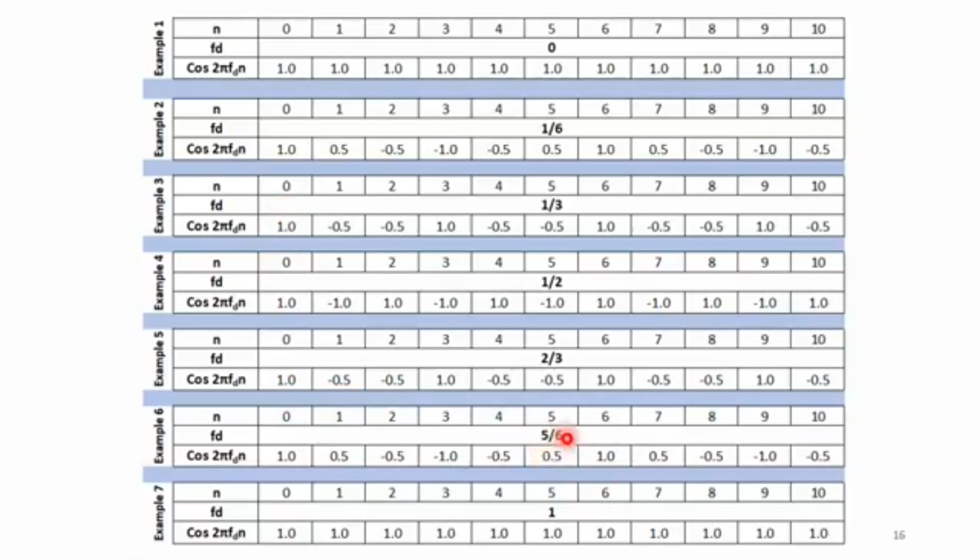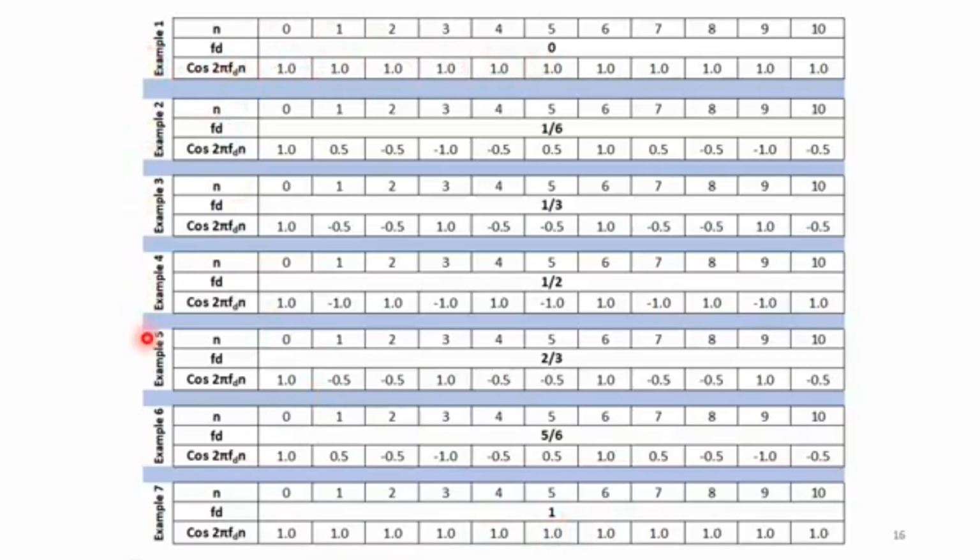And similarly, if you look at 5 by 6, 1, 0.5, minus 0.5, these values are the same as when FD was 1 over 6. So when we are moving ahead from 1 by 2 onwards, the rate of oscillation starts to decrease, and when FD is equal to 1, it is again 1, 1, 1, 1, 1, which is what we had at 0.